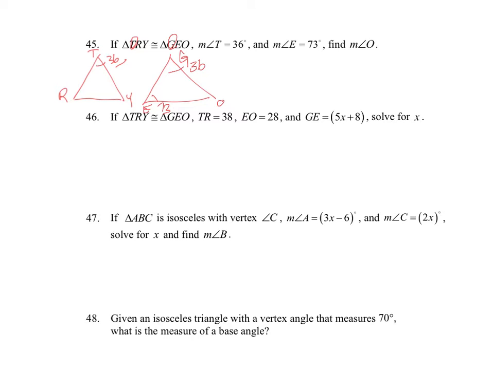And so then we could take triangle sum over here and say 180 minus this 36 minus this 73, that would give us that the measure of angle O is going to be equal to 71 degrees.